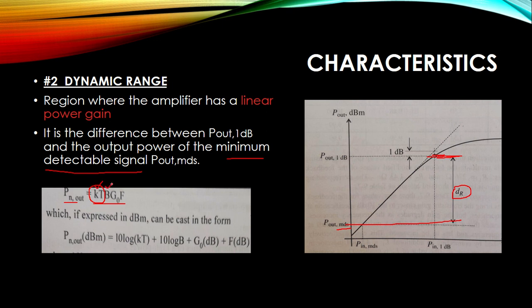B specifies the bandwidth which can be applied to the amplifier, or which the amplifier is capable of accepting and giving out the amplified output. G0 specifies the gain of the amplifier. About the gain we have already seen in our previous videos of transducer power gain. And F stands for noise figure. Noise figure is actually just a number.